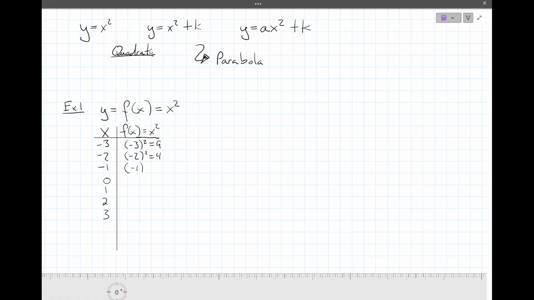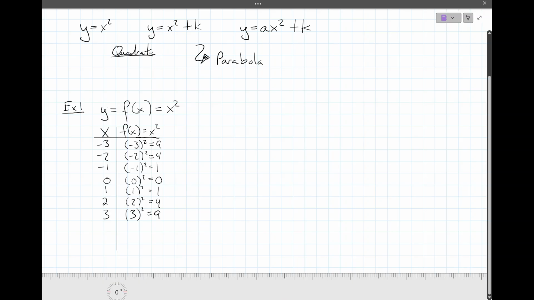Negative 1 squared, making it 1. 0 squared, making it 0. 1 squared, making it 1. 2 squared, making it 4. This will be 3 squared, not 3 cubed. Ooh, got away from myself there. Making it 9. Good.